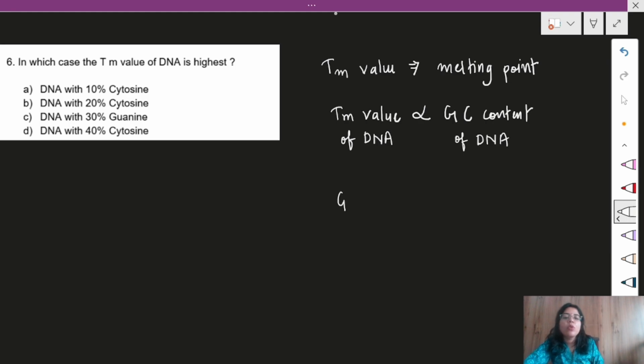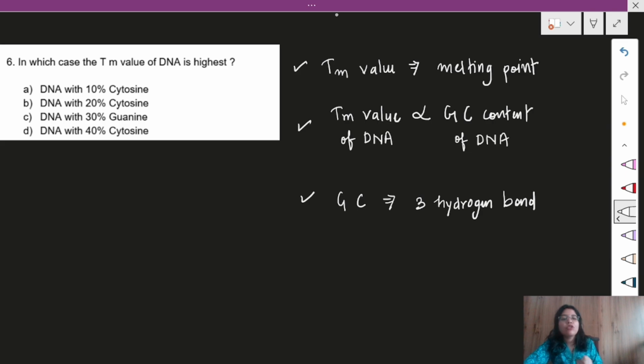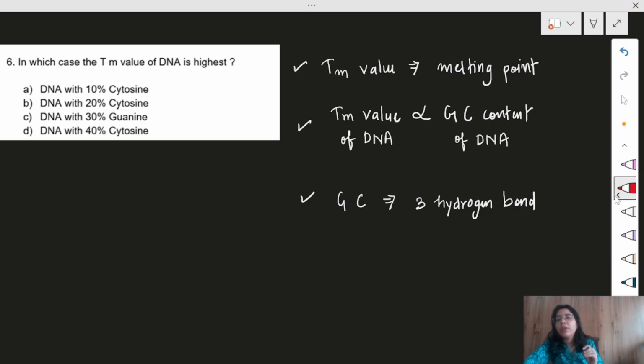Because guanine and cytosine are connected by 3 hydrogen bonds. So if you have more GC content in your DNA, what is going to happen? It will have more hydrogen bonds, and hydrogen bonds are very strong bonds. You have to make the temperature very high, provide more heat, then only you can break the bonds.